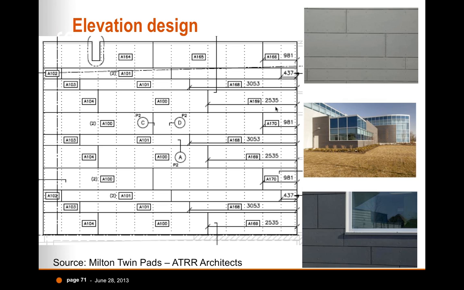An architect came to us with a layout for this hockey arena, and he had quite a bit of variation in it. So he had different heights, different lengths, really interesting layout. And we worked with that architect at ATRR and also at BBB to standardize it a little bit without taking away from his concept.